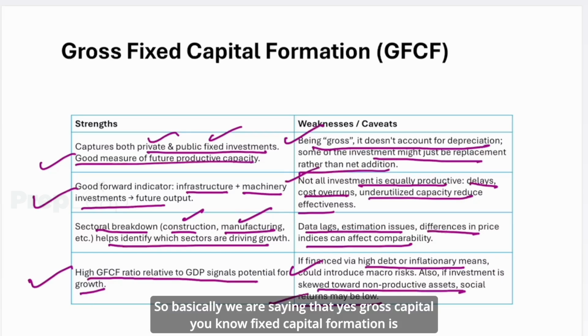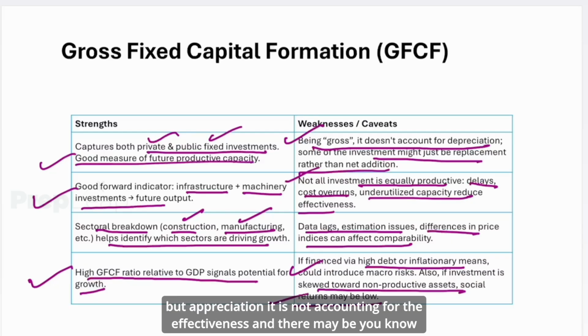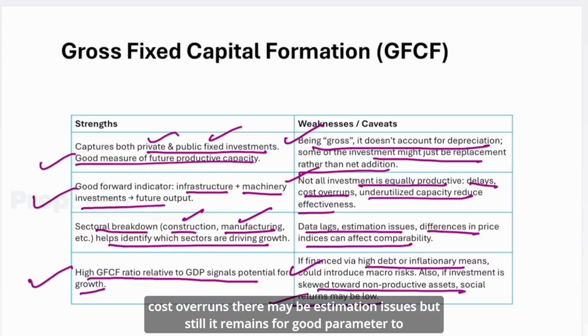So basically, we are saying that yes, gross fixed capital formation is a good concept, but still it is not foolproof because it is not accounting for depreciation, it is not accounting for the effectiveness, and there may be cost overruns, there may be estimation issues.